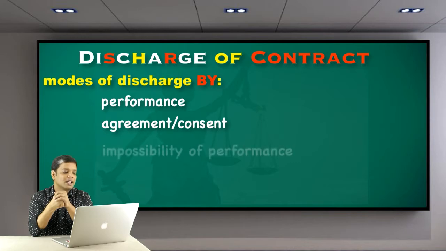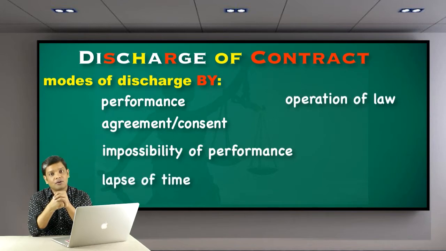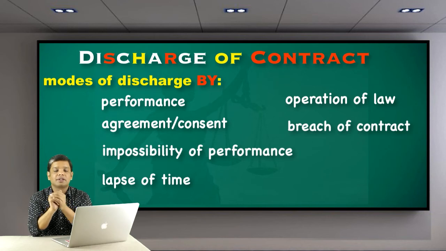The third one is impossibility of performance. Next one is by lapse of time. Next one is by operation of law, and the last one is by breach of contract. So there are 6 modes of discharge of contract.